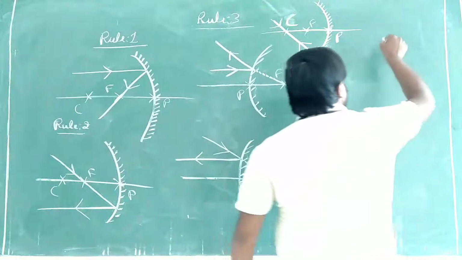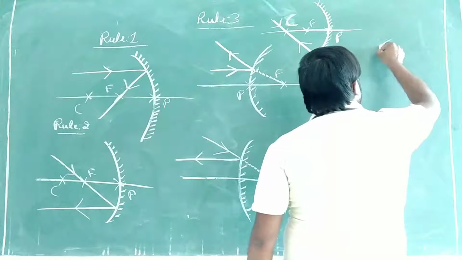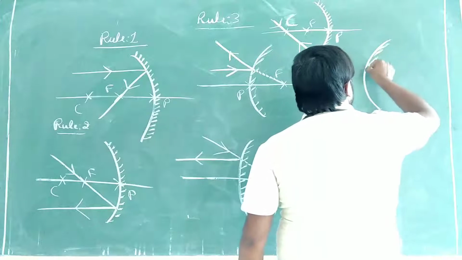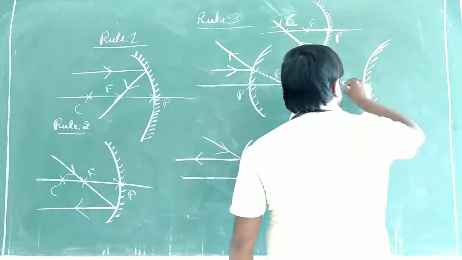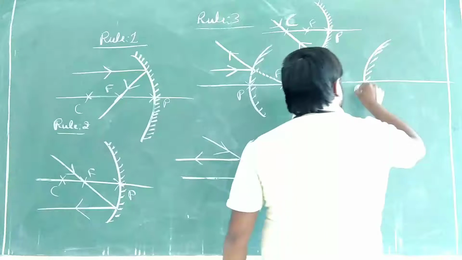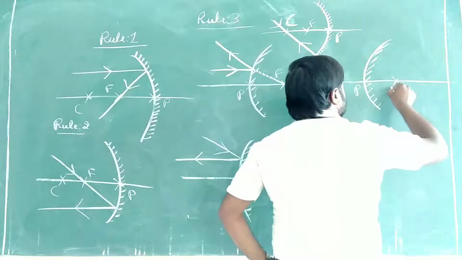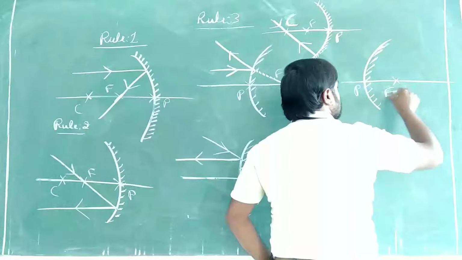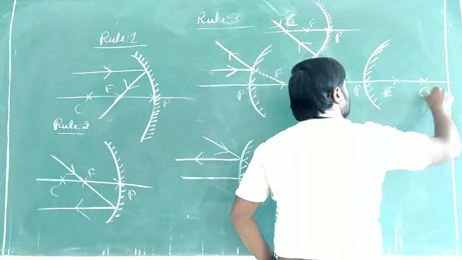But in case of convex, this is the convex mirror. This one is the pole. This is focus. This one is the center of curvature.